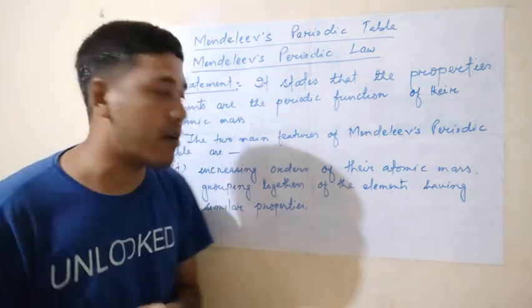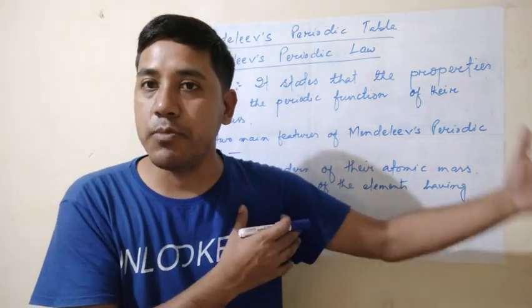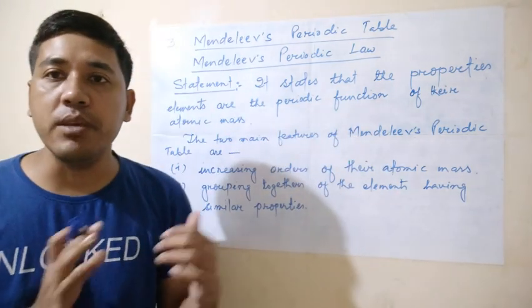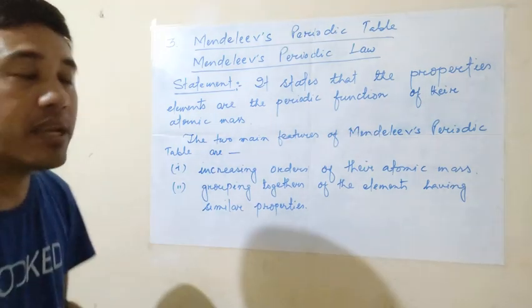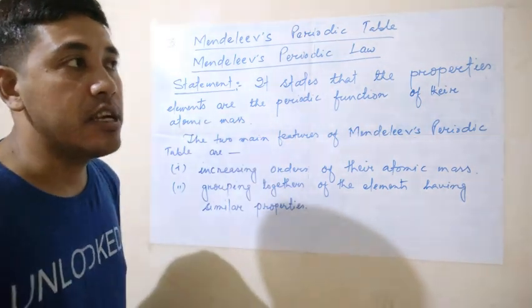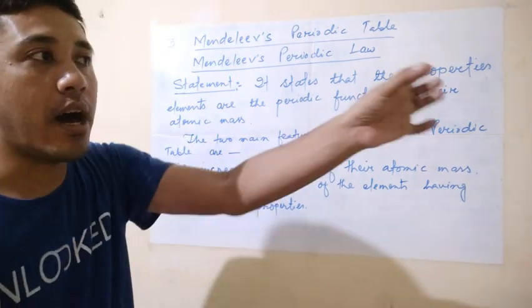That is the first point. The second point I already explained in the last video: Mendeleev discovered some important formulas, that is oxide and hydride.